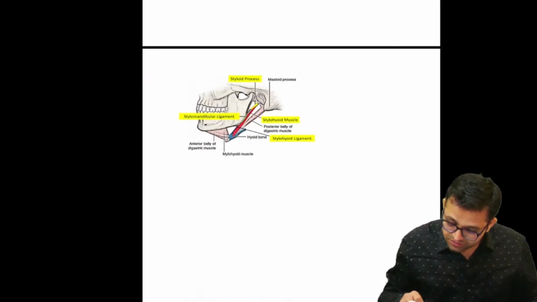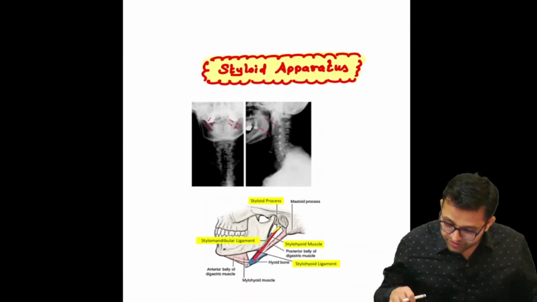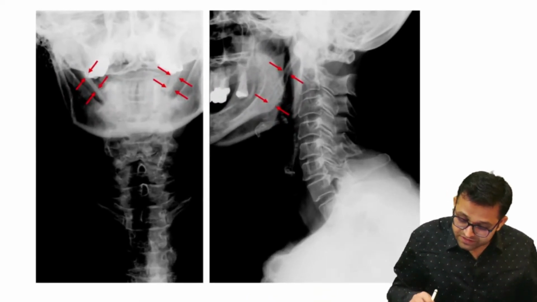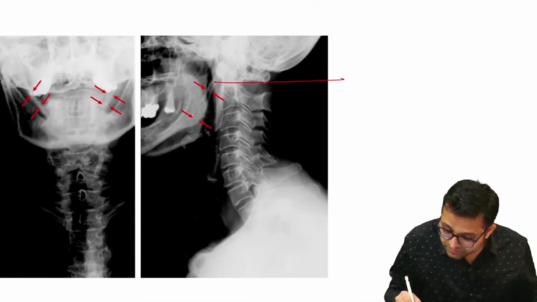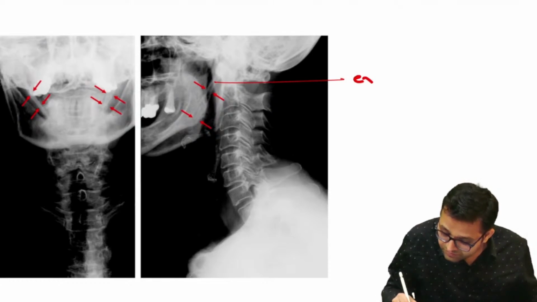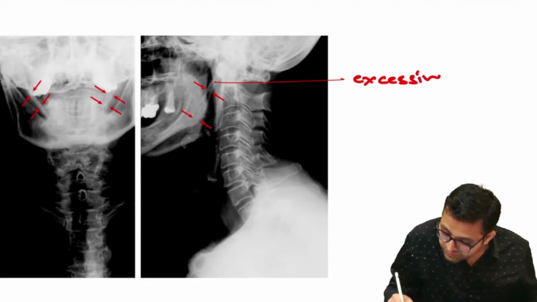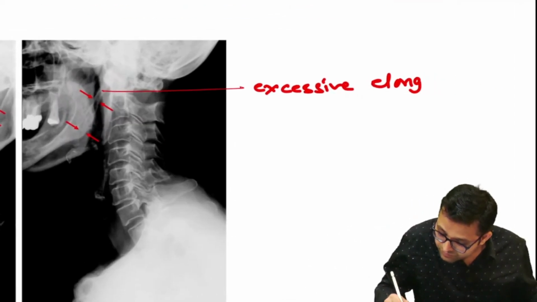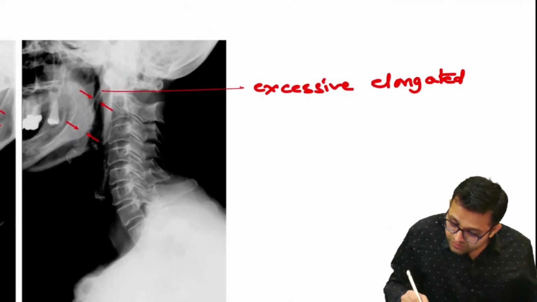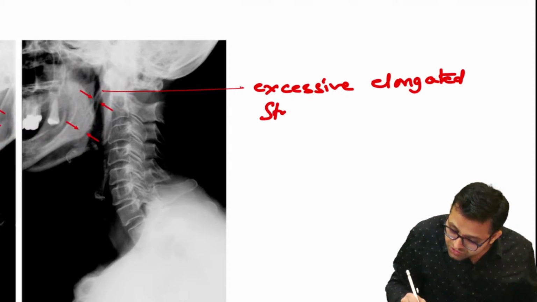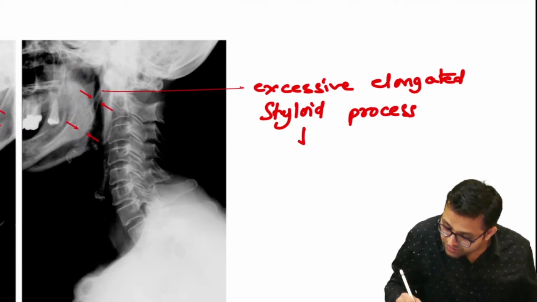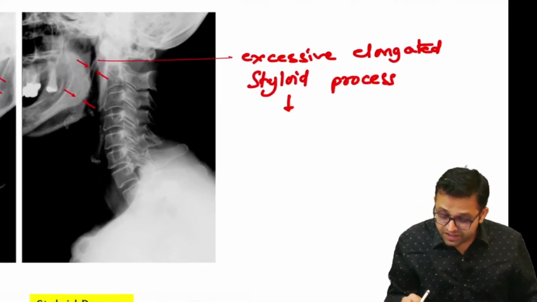One image. Otherwise, we had used these images at the beginning. So can you see? This is the excessively elongated styloid process. Correct, sir? It causes compression of nearby structures.